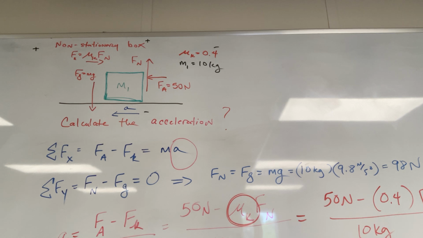All right, and newtons divided by kgs is meters per second squared. Just trust me on that. You don't have to go through the math. But that sounds like a reasonable acceleration for a box across a surface. 1.1 meters per second squared. Yes, indeed.